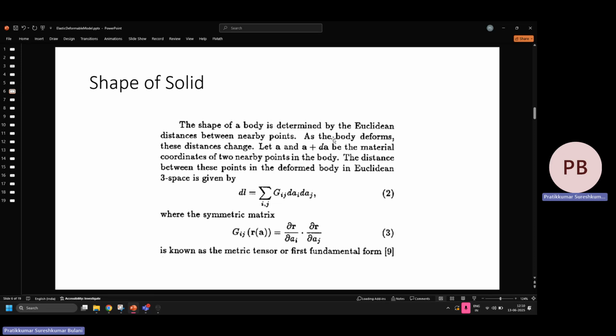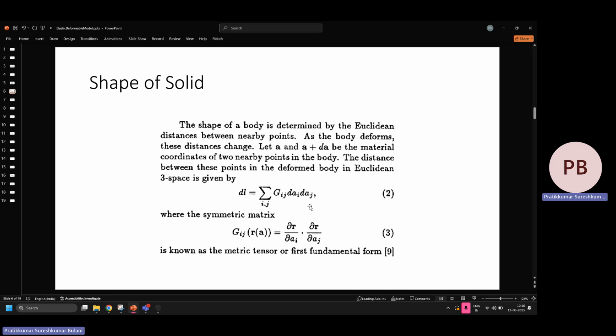So as the body deforms, the distance changes, and let A again be the material coordinate, and I give a small perturbation to get a new point. If the distance remains constant across both the volumes, then I can say that the shape of both the solids is exactly equal. The shape is equal.